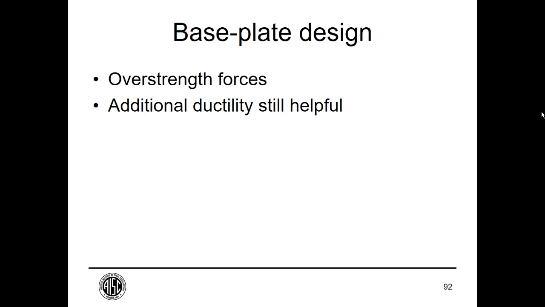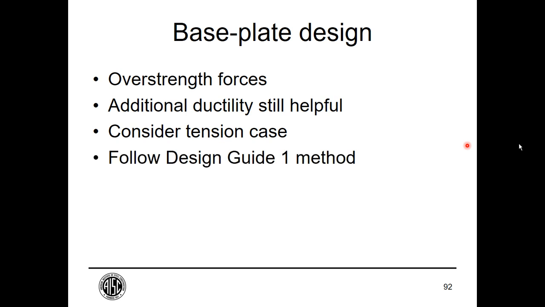But here at the base of the column, you can't really get to significant drift if you don't have some rotation at the base. So ductility in the connection or the member is still pretty much required at the column base. We're going to definitely consider the tension case and follow the Design Guide 1 method.